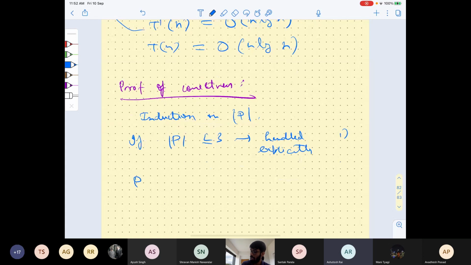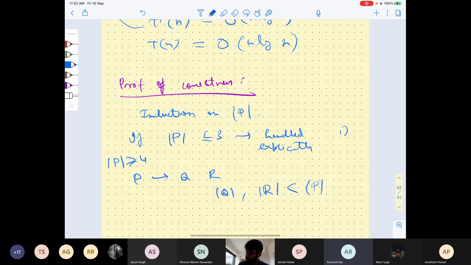Now suppose P is greater than or equal to 4, then from P you constructed Q and R. Both of them are smaller, so you can apply the induction hypothesis.